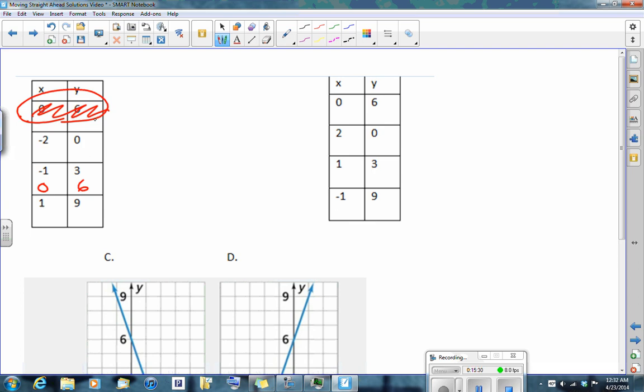And then I can look here, 0, 3, 6, 9. And I can see the change in x. The change in x, they consistently add 1. -2 plus 1 is -1. -1 plus 1 is 0. 0 plus 1 is 1. So they keep adding 1.